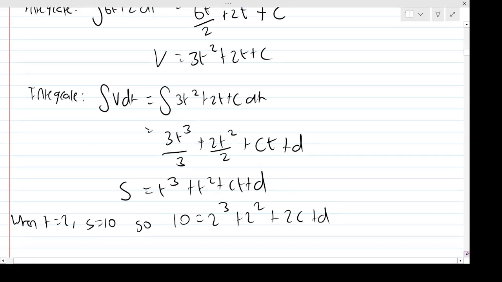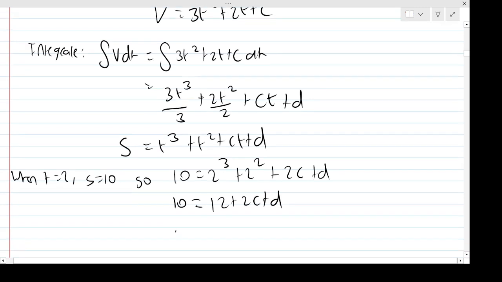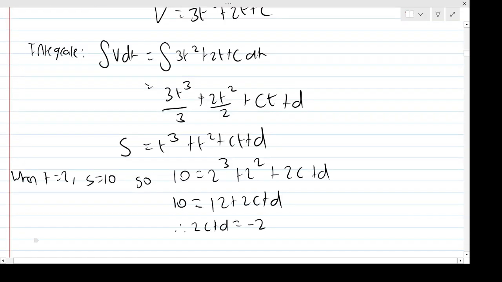So if I simplify this, 10 is 12 plus 2c plus d. And so therefore 2c plus d is going to be minus 2. Well, that's still not enough because it's two unknowns with one equation. But remember, also we know that when t is 3, s is 38.